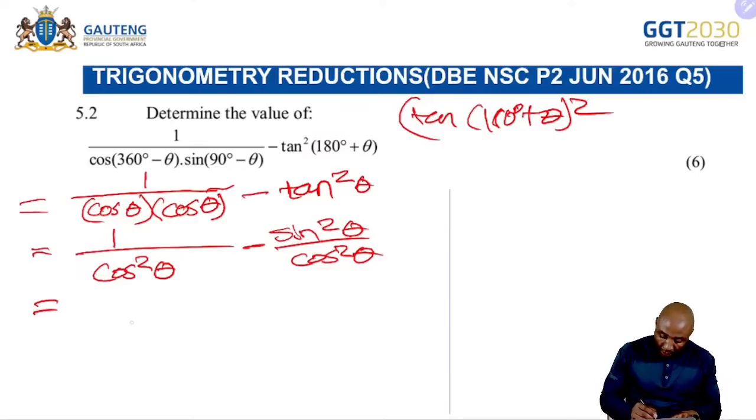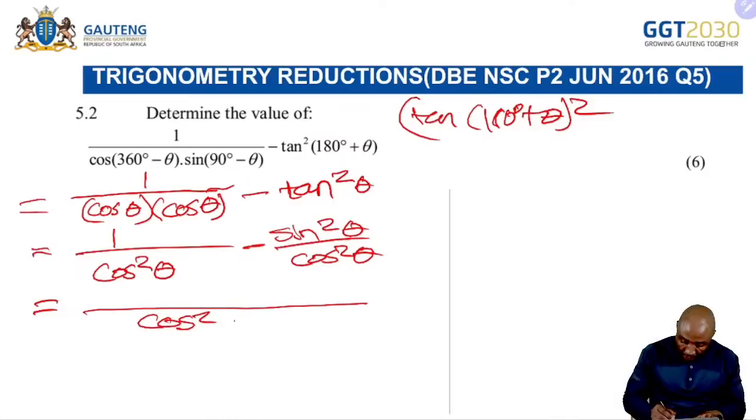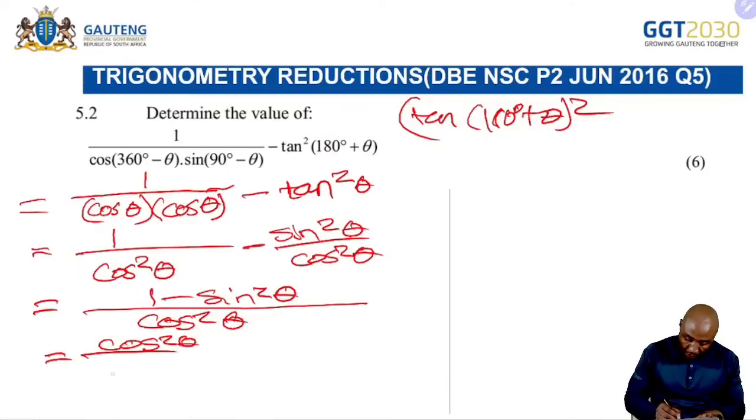I'm subtracting fractions that have the same denominator, so I write the denominator cos squared theta, and 1 minus sine squared theta is an identity, which gives me cos squared theta over cos squared theta, and this will be equal to 1.